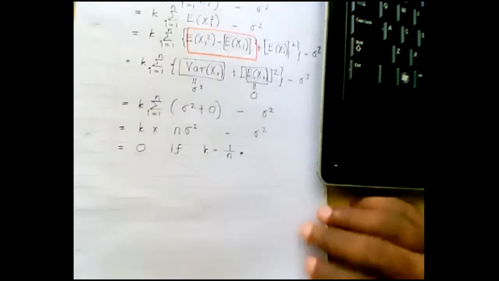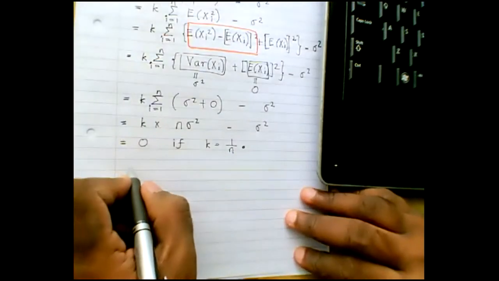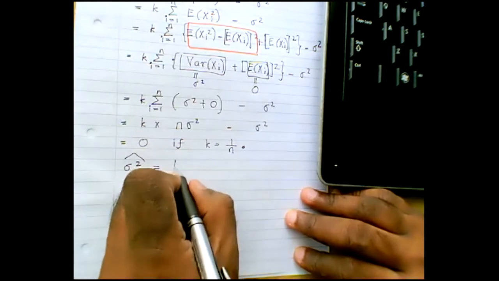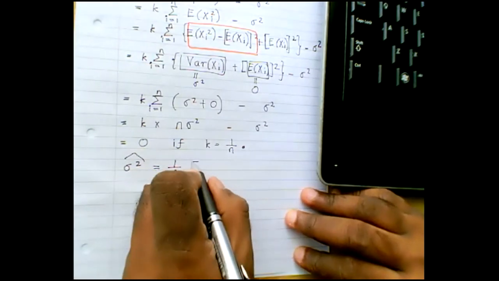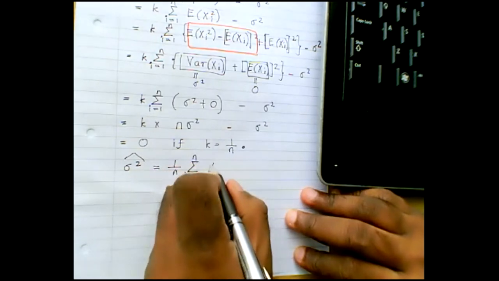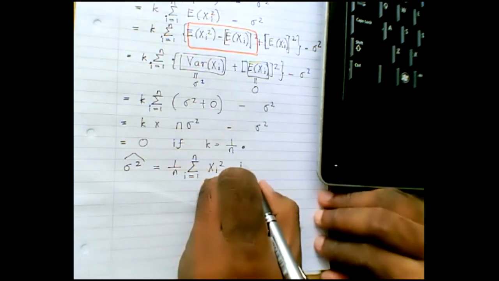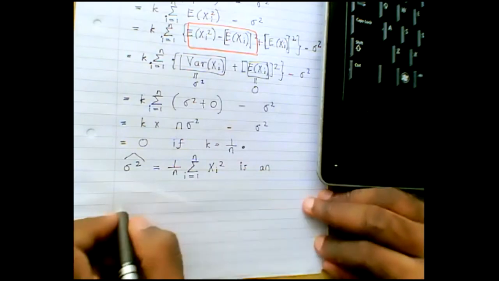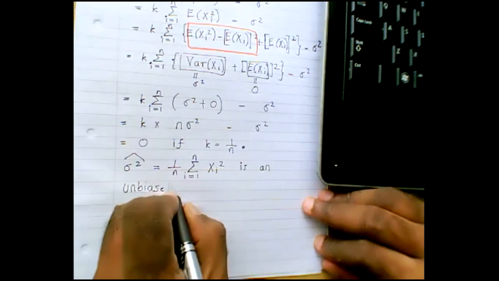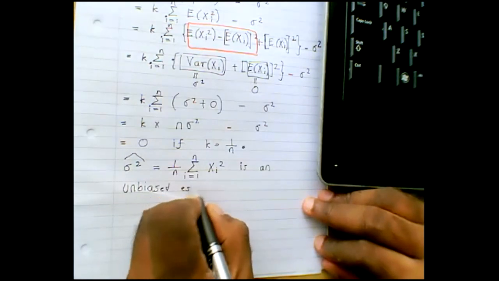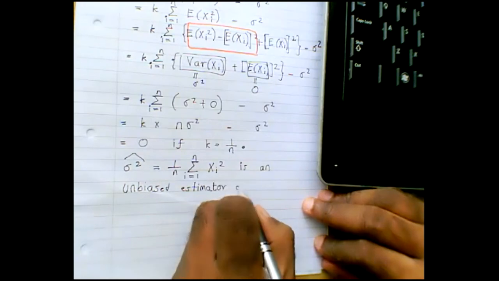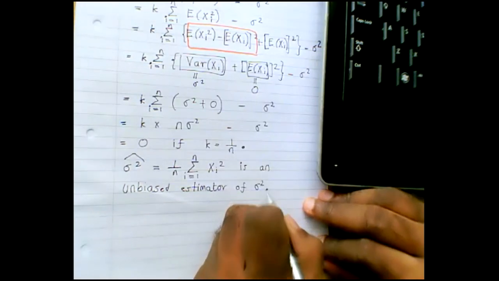All right. So that completes the first part of the question. So the first part of the question, the answer for that is as follows. 1 over n times this is an unbiased estimator of sigma squared.